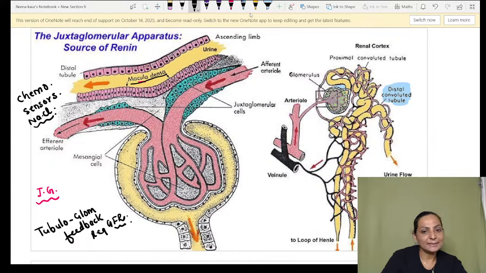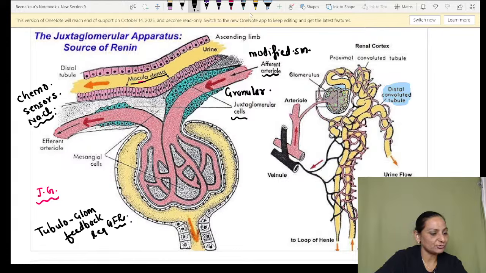Then the other cells which are present are the juxtaglomerular cells, also called granular cells, which are modified smooth muscle cells of afferent arterioles, and they secrete renin. And you have mesangial cells, which are a kind of plugging device between these two cells.